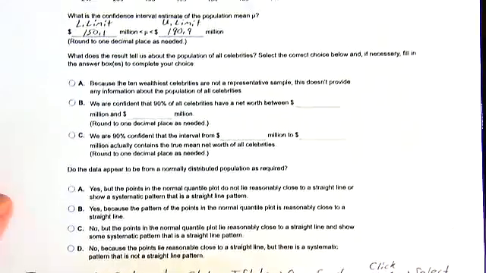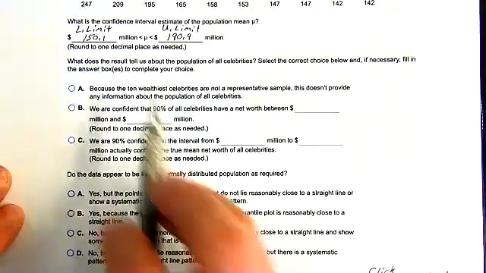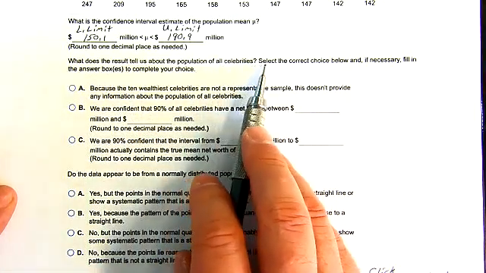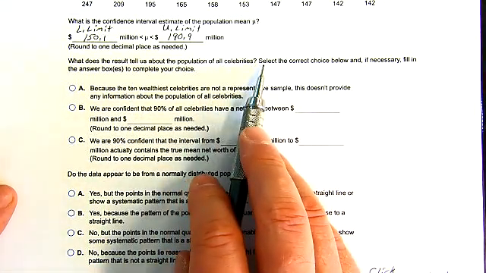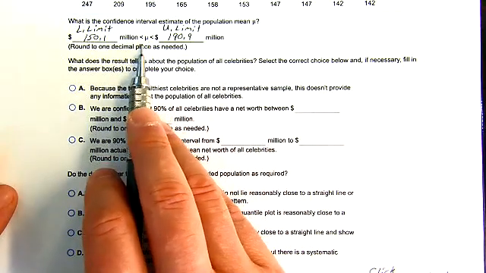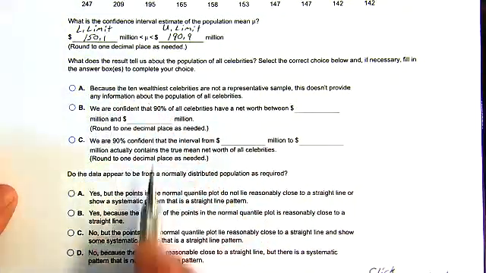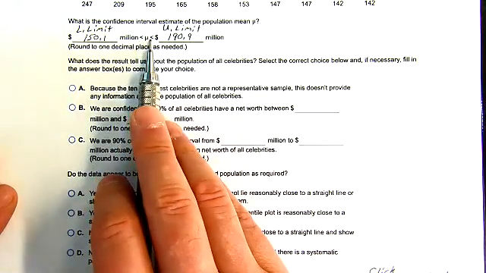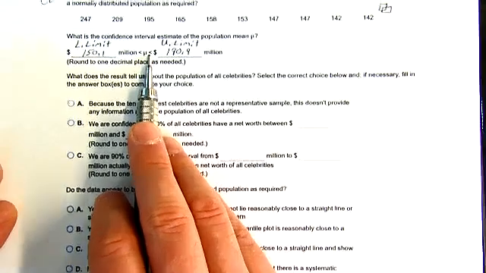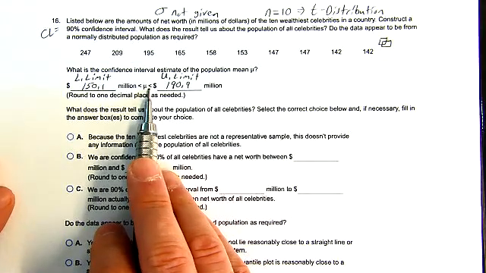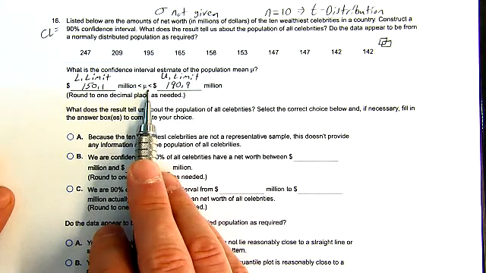So the next question says, what does the result tell us about the population of all celebrities? So this would be the mean net worth of what? All celebrities? In these problems we have to be very careful about what our sample consists of.